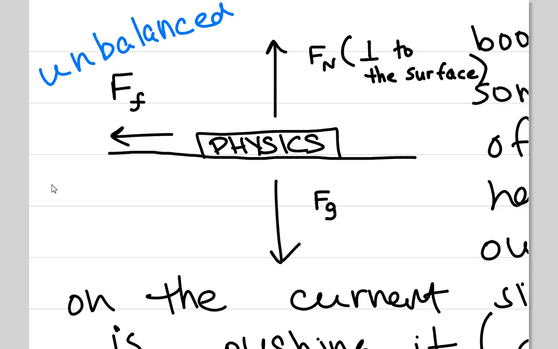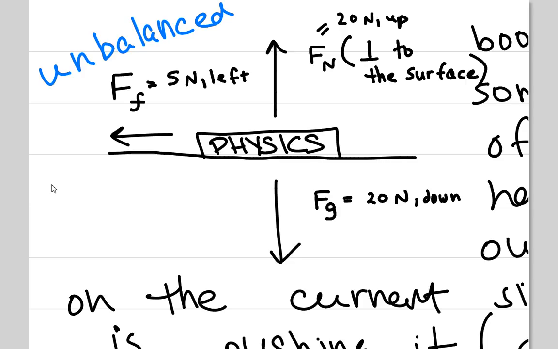So you can see that Fg is pointing downward, Fn is pointing upward, and we can just give it some random values. So 20 newtons down, and this Fn would be like 20 newtons up. So those guys are balanced. They're both 20 newtons. And then this force of friction, we can say maybe it's like 5 newtons left. And the unbalanced force will act to accelerate this object and change its state of motion.